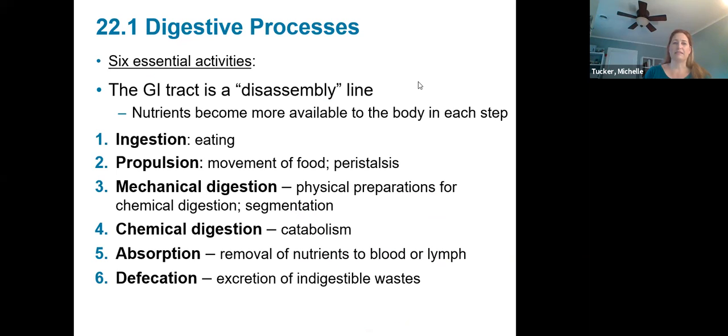There are 6 essential activities of the digestive system. The GI tract is essentially a disassembly line. The purpose of the GI tract is to break food apart and extract its nutrients. The first step is ingestion. So we need to eat, we need to ingest food.